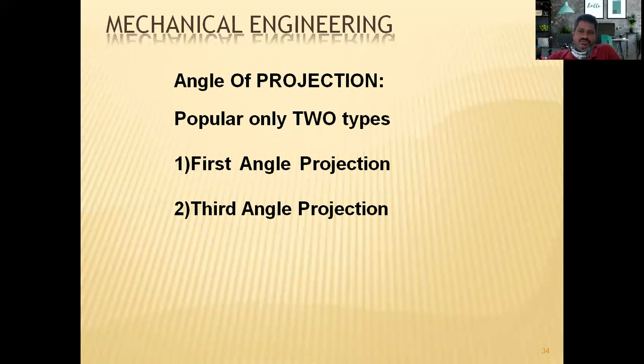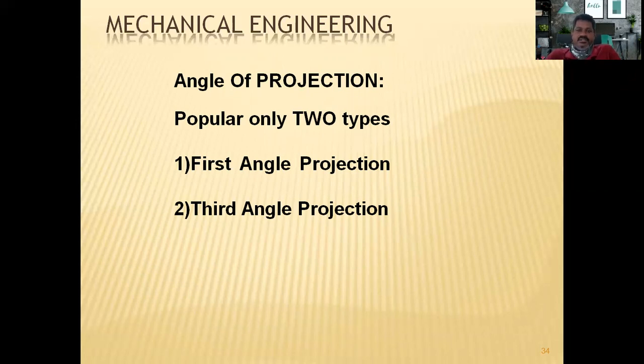As of now, try to remember that in first angle projection, the top view will be drawn at the bottom, that means below the front view, the left side view will be drawn at the right side, and the right side view at the left side. In third angle projection, the top view will be drawn on top of the front view, with respect to the front view.